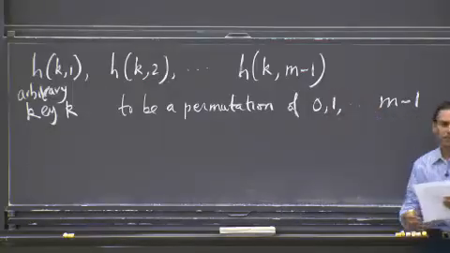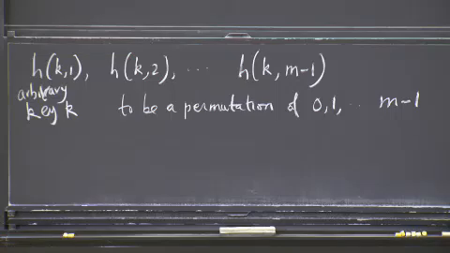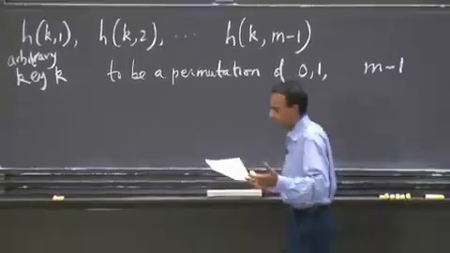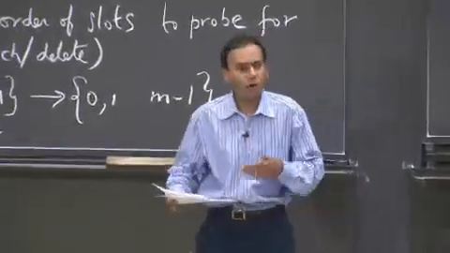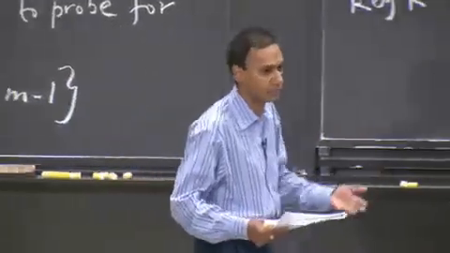But hopefully this makes sense from a standpoint of really load balancing the table and ensuring that all slots in the table are sort of equal opportunity slots, okay? That you're going to be able to put keys in them as long as you probe long enough that you're going to be able to get there. Now, of course, the fact that you're using one particular slot for one particular key depends on the order of keys that you're inserting into this table, okay?